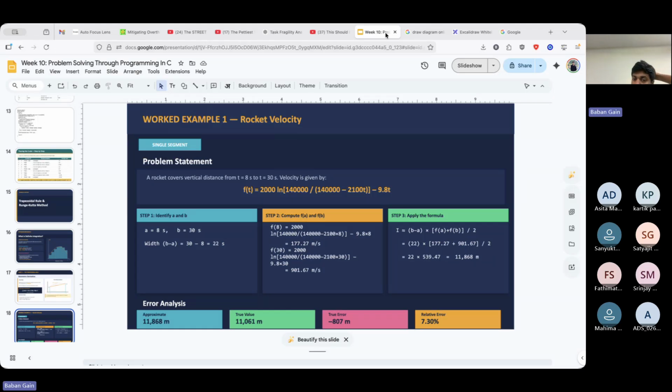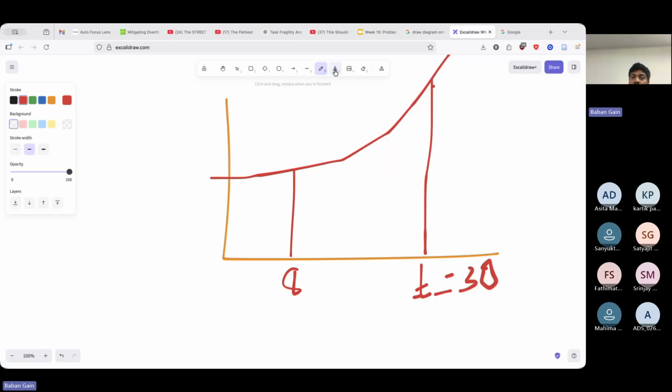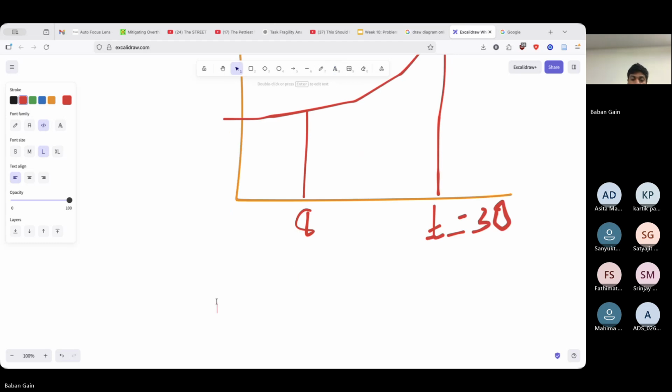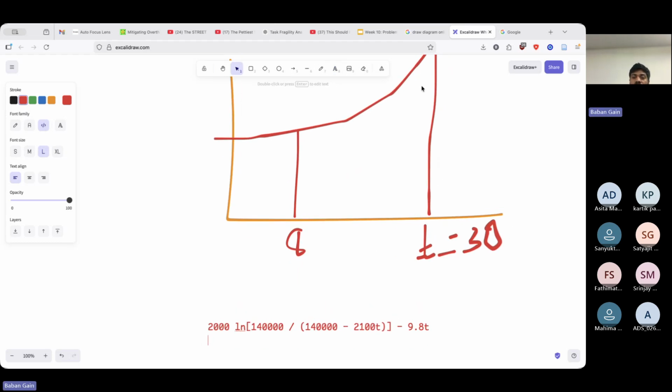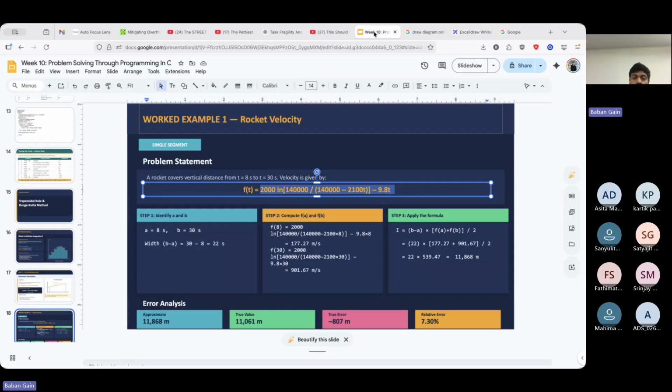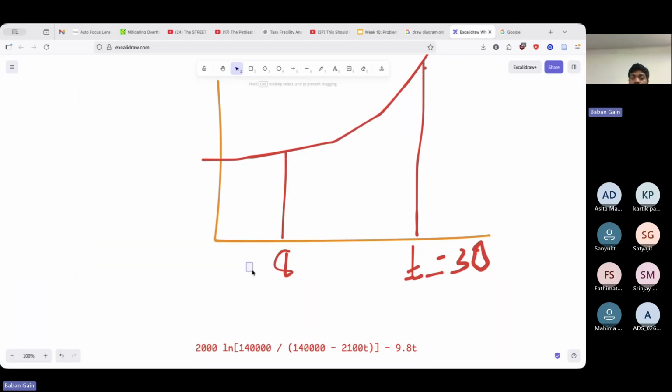They are saying that there is a formula for calculating the distance from the ground. The formula is like this. So the question is, at this point, what are A and B?